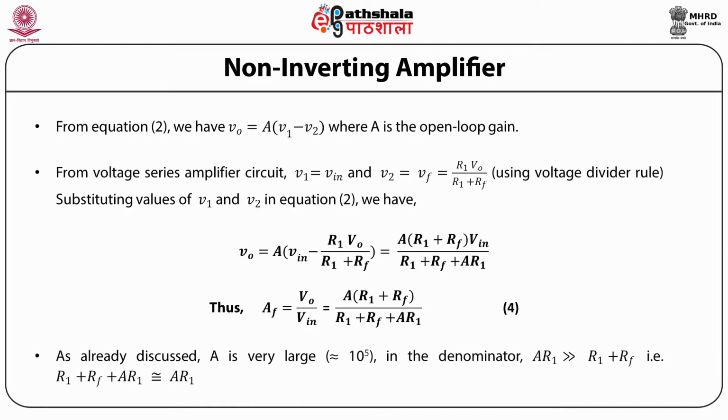Now, as we have already discussed, A is very large, of the order of 10 raised to power 5. So, in the denominator, we have A times R1 much greater than R1 plus Rf. That is, we can replace R1 plus Rf plus AR1 approximately by AR1.